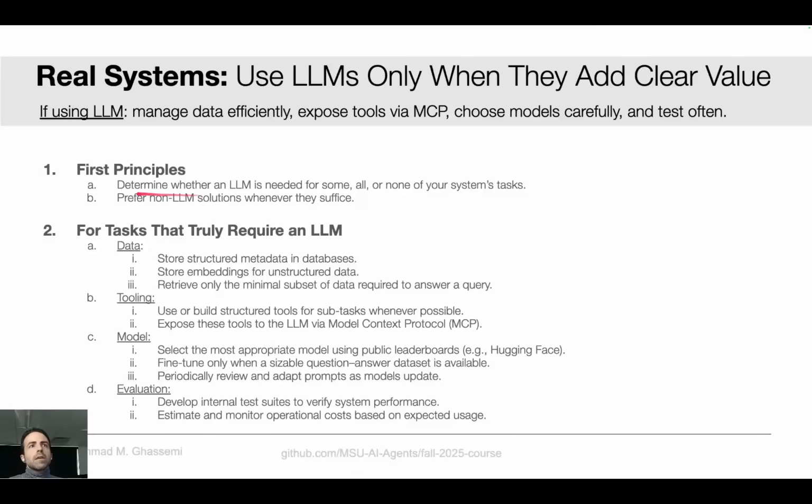The first being you really want to think carefully about whether an LLM is needed for some, all, or none of your system's tasks. And that's because large language models, vision language models, and most large foundational models are not as cost effective as a combination of tool calling, generic code, and a well-structured database.